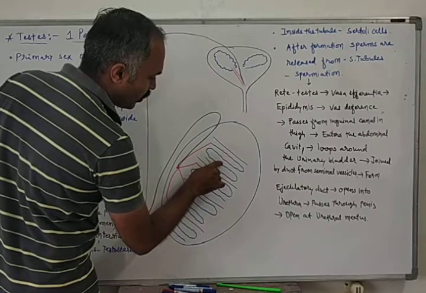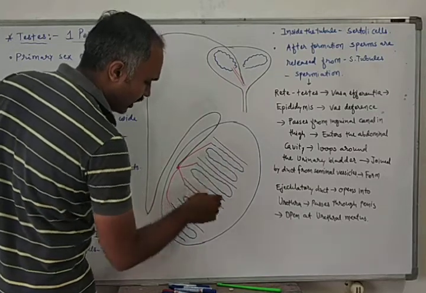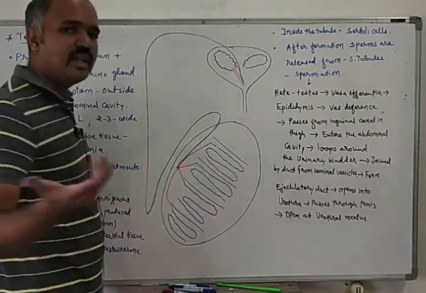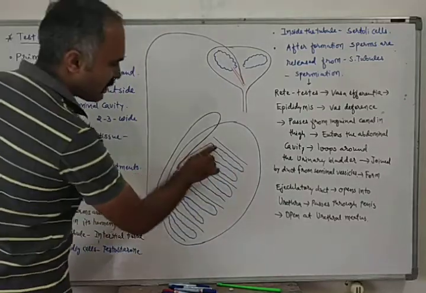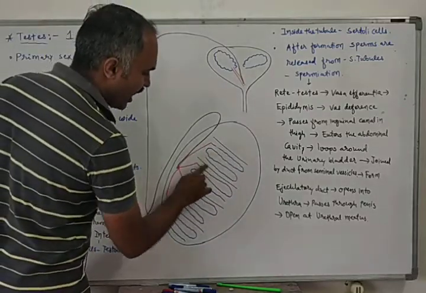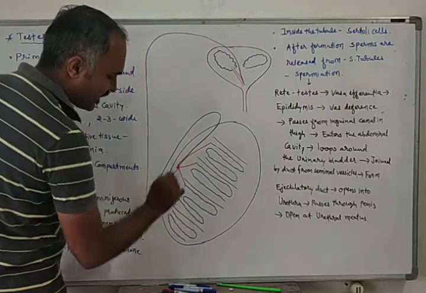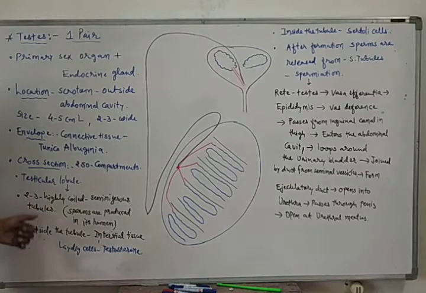There are 3 in number, or there can be 2 also. In this manner, highly coiled tubules are present in each testicular lobule.